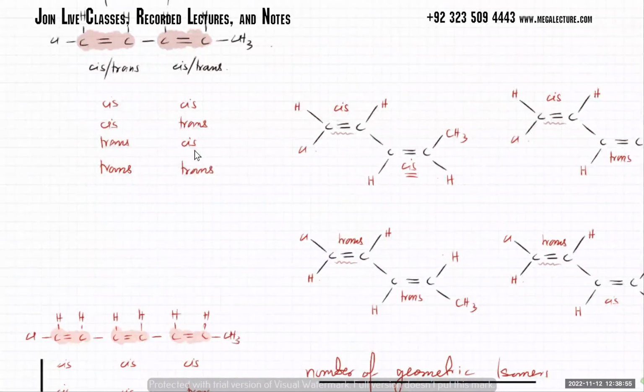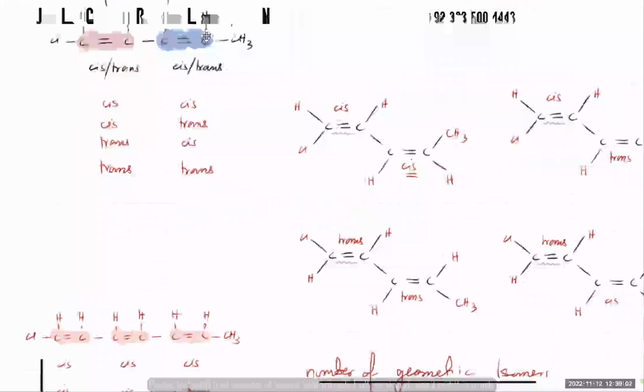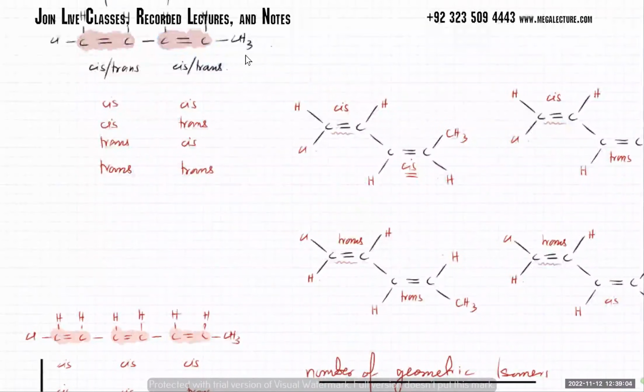There would be no difference. If the first one is cis, the second one doesn't matter. Like what if I had a Cl over here? Then if the first one is trans and the second is cis, or the first is cis and the second is trans, they would represent exactly the same molecule. Is that clear?